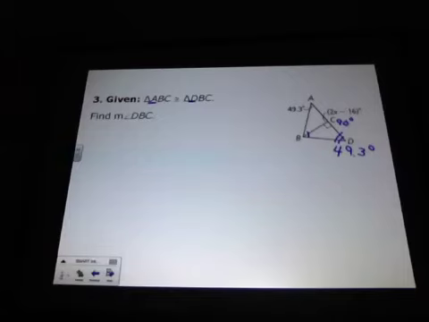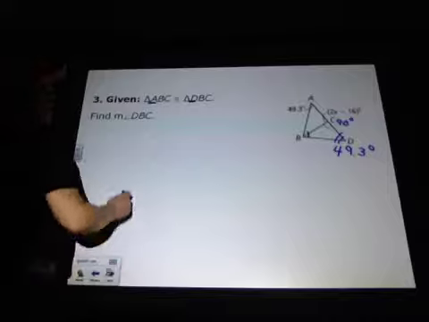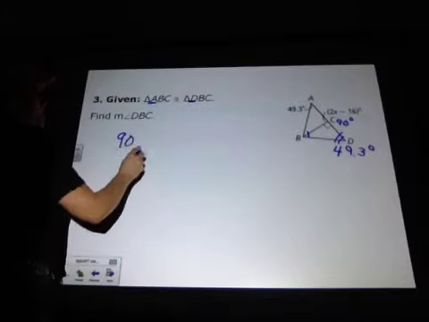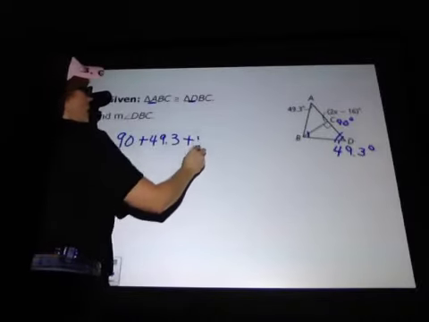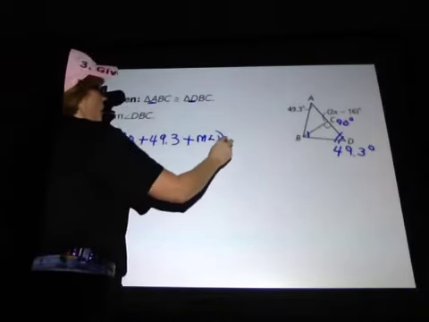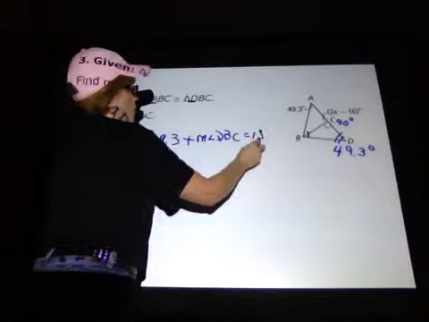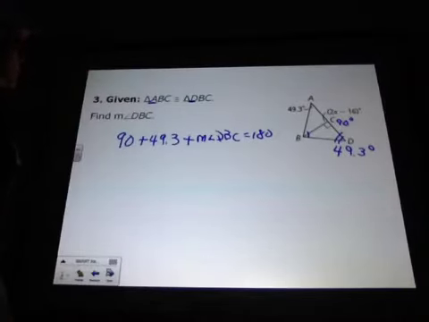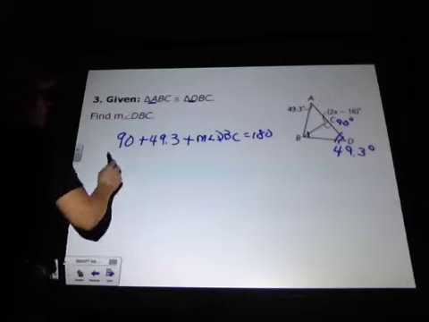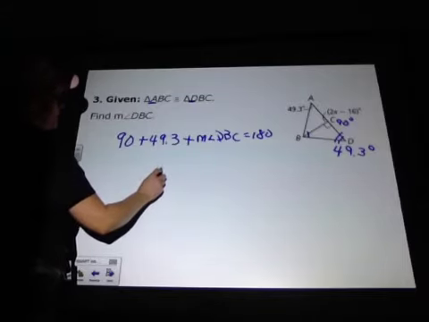So we can use our triangle angle sum theorem and say that 90 plus 49.3 plus the measurement of the angle we're trying to find is equal to 180 degrees. The sum of three angles in a triangle equals 180 degrees. Simplify the left side here.